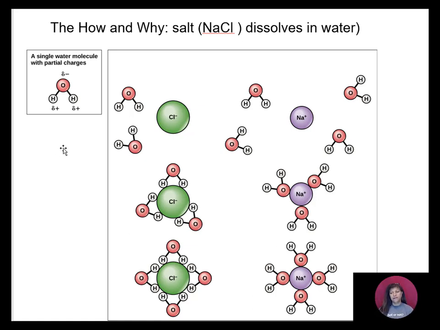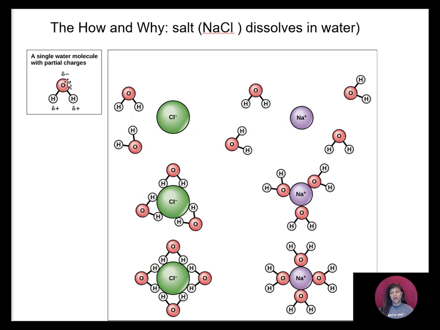So water has a very unique property. It has what's called polarity. So if you look at the image here at the top right, we can see that our oxygen, because it has so many protons, when it's covalently sharing the electron with the hydrogens, which only have one proton, the electrons are actually spending most of their time with oxygen.